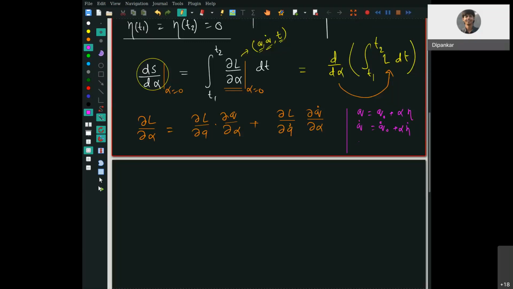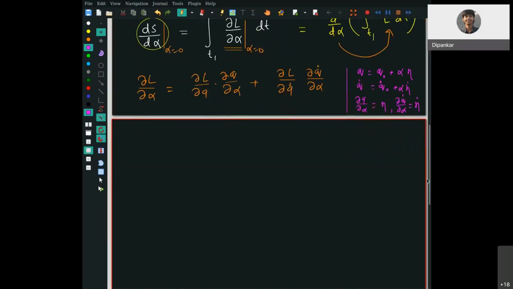So ∂q/∂α would be eta, and ∂q dot/∂α would be eta dot. Let me plug these two things in here. So I can write ∂L/∂α equals ∂L/∂q times eta plus ∂L/∂q dot times eta dot.